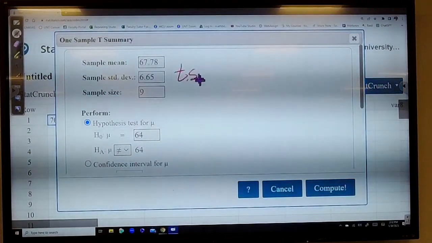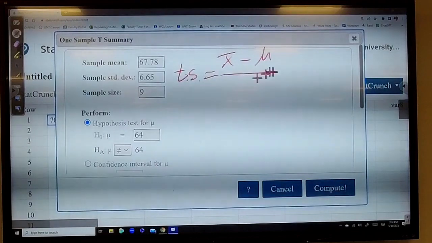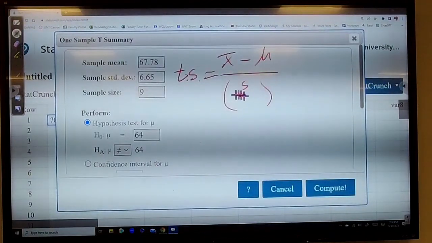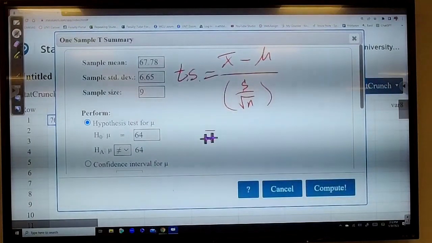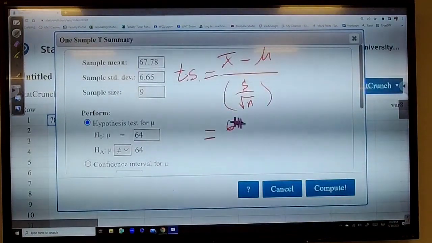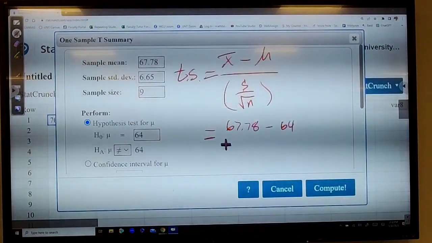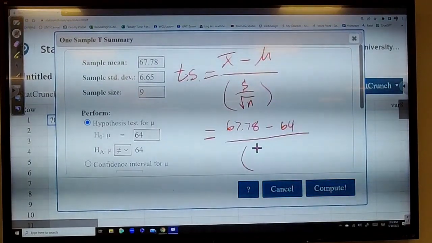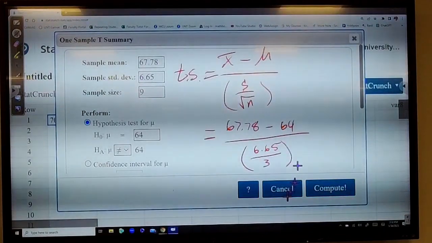Because the test statistic is x bar minus mu over the quantity s over square root of n. That test statistic is precisely 67.78 minus 64 over 6.65 divided by the square root of 9.